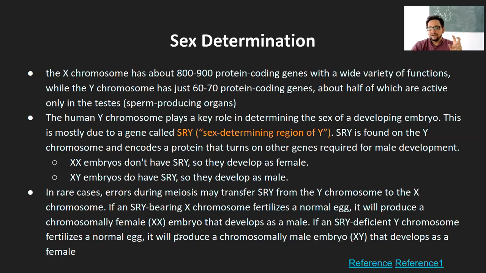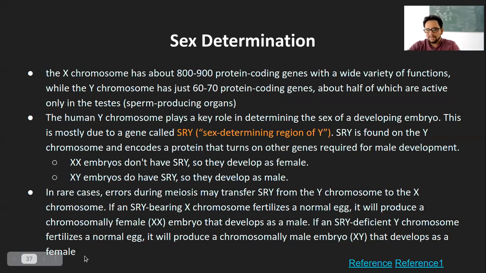So that is what we call the chromosomal, or rather genotype to phenotype, paradox, right? Genotype is something else, but phenotype is showing something else. So when the SRY gene is present in the female embryo, it will develop as a male child. And if the Y chromosome is lacking the SRY gene, chromosomally it will be a male embryo, but it will develop as a female child.